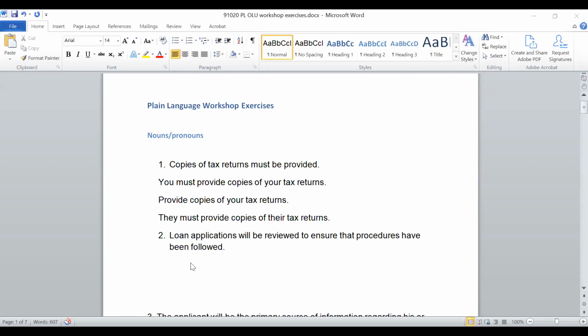And this is actually an excellent point because number 2 is very similar to that. Loan applications will be reviewed to ensure that procedures have been followed. Now, both elements of that are in passive voice, and you have to look at the logic of it.